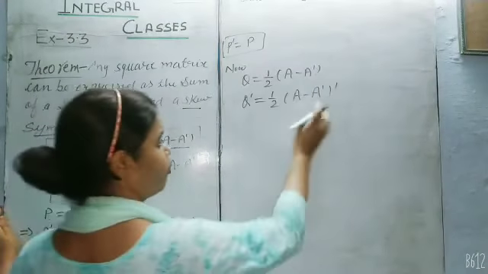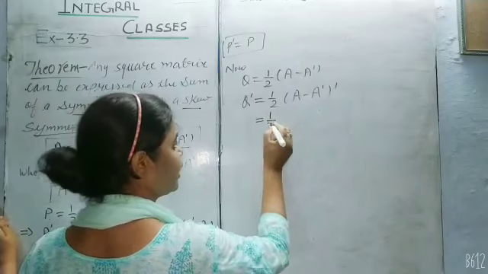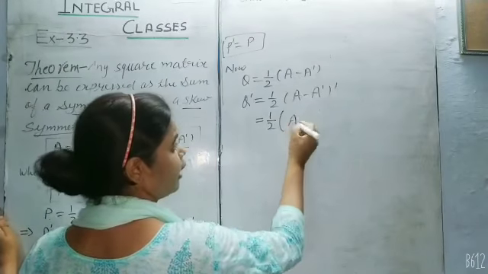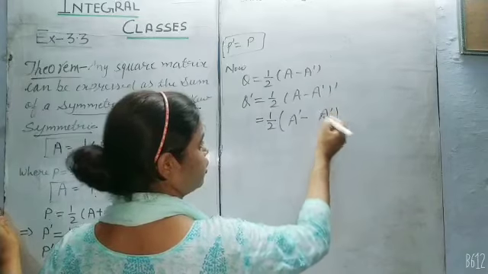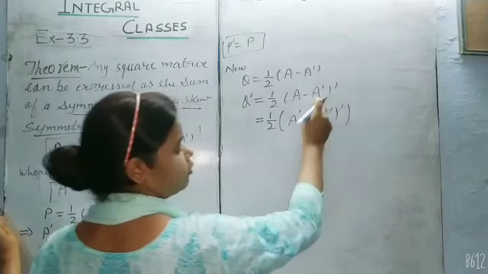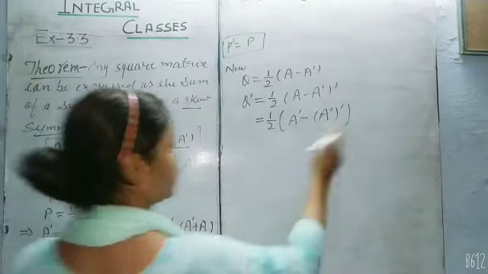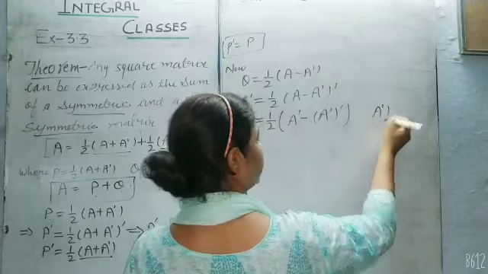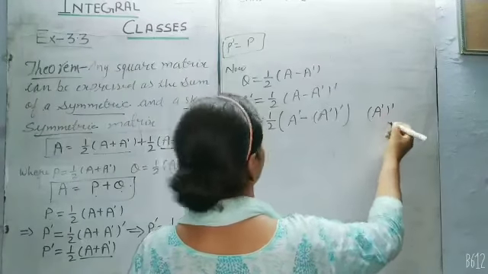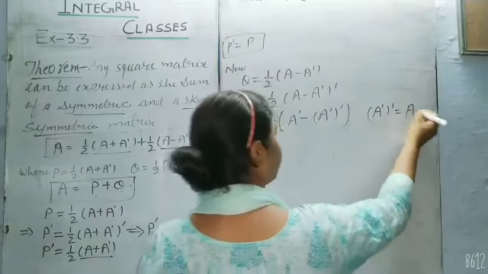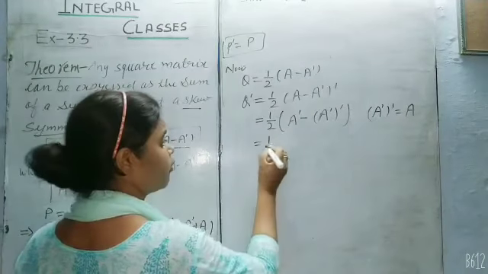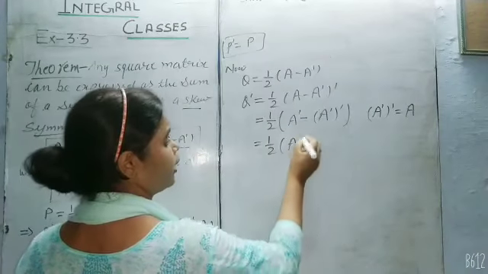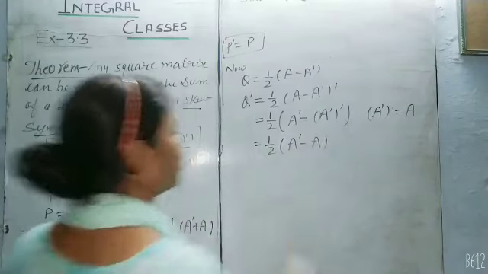Now we open the transpose, then on the right hand side we get A transpose minus A transpose transpose, and we know that A transpose transpose becomes A. So we use this property here: 1 by 2 (A transpose minus A).